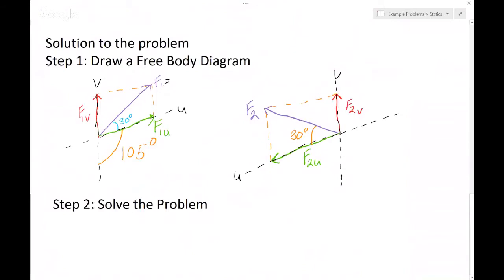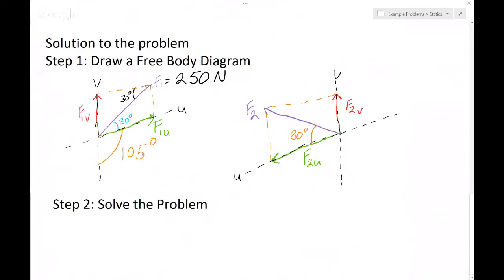So we'll end up with force 1 being equal to 250 newtons. And then we have our 30 degrees. And then if we break this triangle up, we can get 30 degrees here.